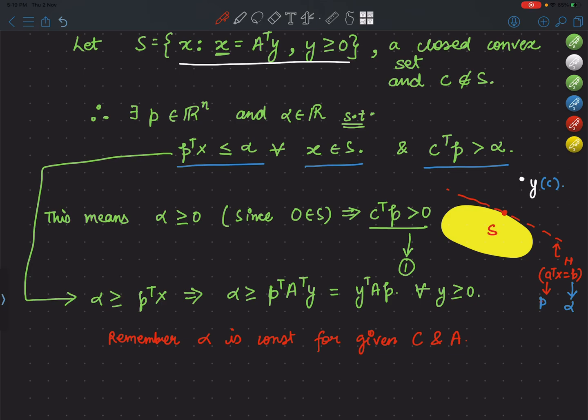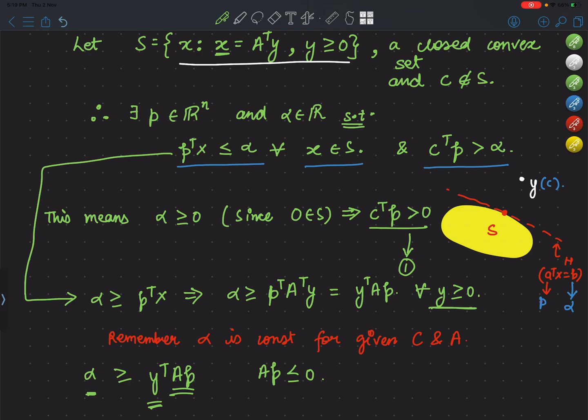But Y can be as big as possible, right? Y can be anything. Because we are doing it for all Y, Y can be very big. So alpha greater than or equal to Y transpose A P is possible only if A P is negative. Because think, if A P is positive and alpha is some constant, we can increase Y arbitrarily. At some point this inequality will fail.